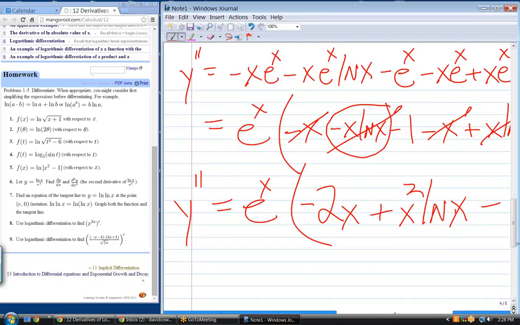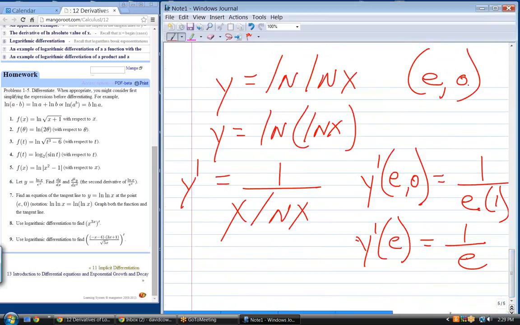So far, we haven't used the 0 at all. But we're going to need to come up with the equation of the line, because the equation of the line in point-slope format is this. So plug in.